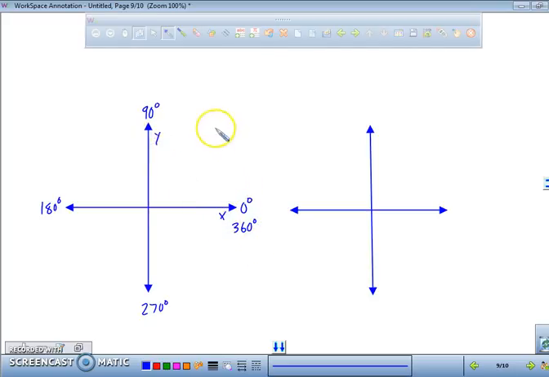Okay, there's your one. Quadrant 1, quadrant 2, 3, and 4. On this one, these are all measures in what? These are all measures in degrees. Okay?